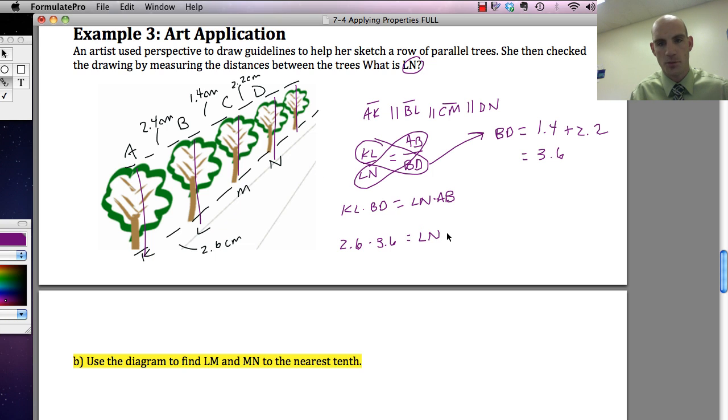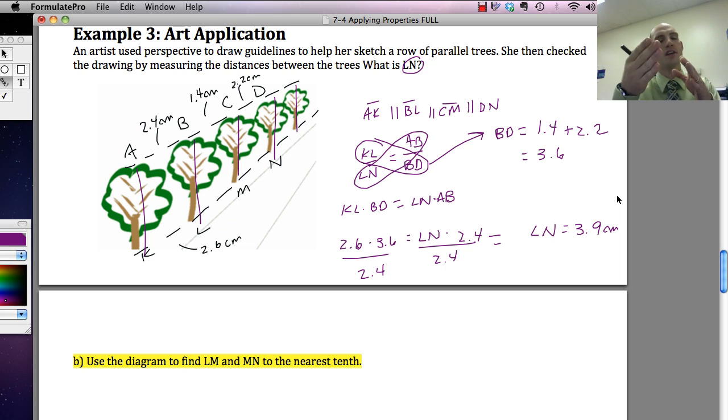Well, AB is 2.4. And so what I'm going to do is step over here and divide by 2.4. And what we end up that being equal to is that LN is 3.9 centimeters. Okay? So we just need to work on seeing those transversals in those parallel lines so that we can use this theorem.